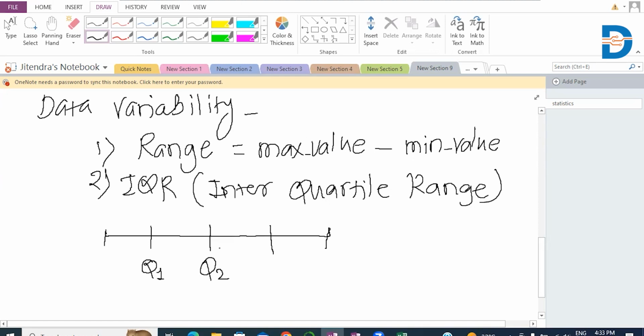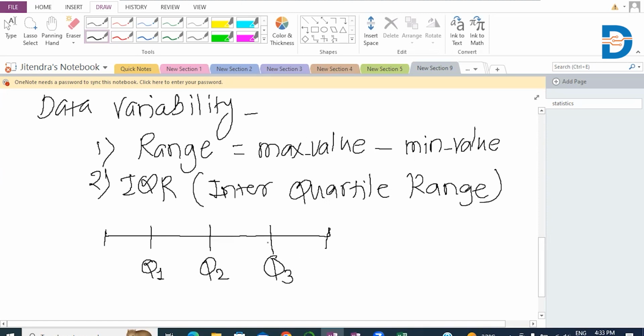If the data is sorted, the exact center value is the median, so Q2 is the median value. Then the third 25%, meaning the overall 75th percentile data, is Q3. Q3 is the third quartile value, and the remaining is the last 25%.